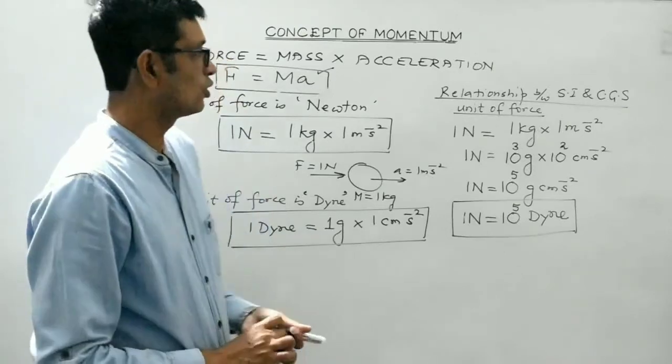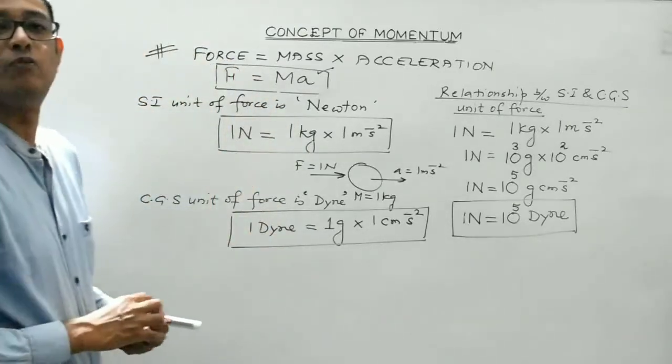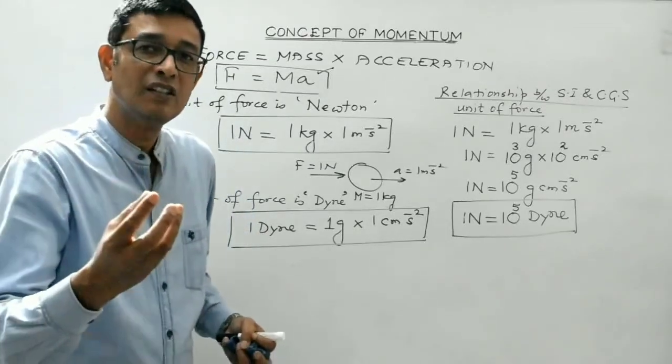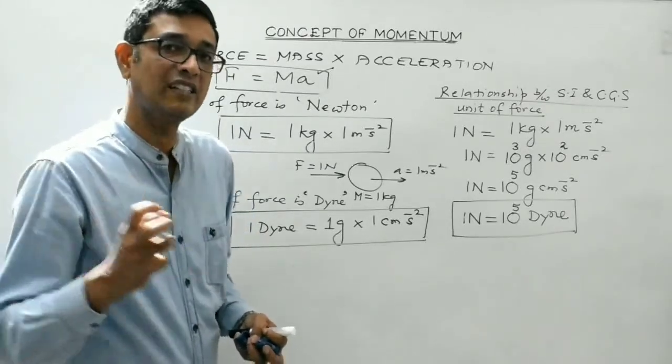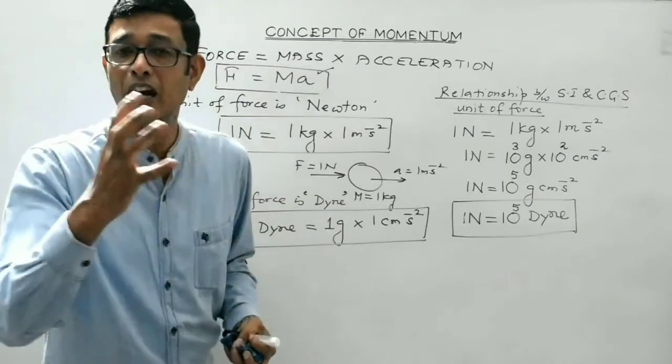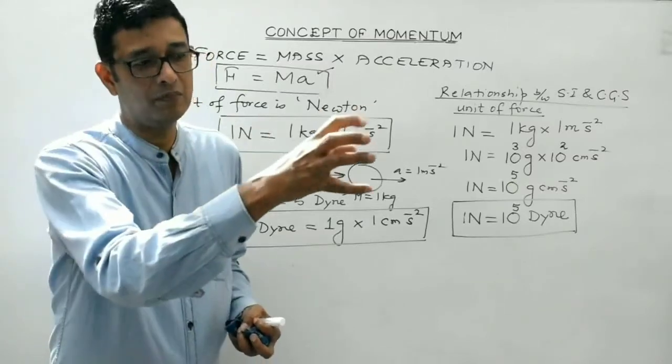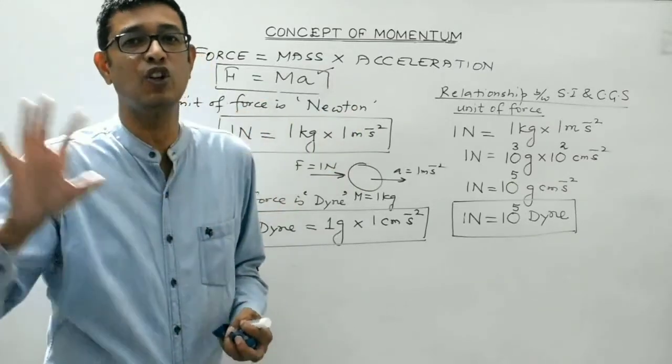Right? So students, I hope you understood the concept of momentum. So let us recapitulate it. Momentum is the total amount of motion contained in a body. And the impact of a moving body can be measured only by having the mass of the body as well as its velocity.